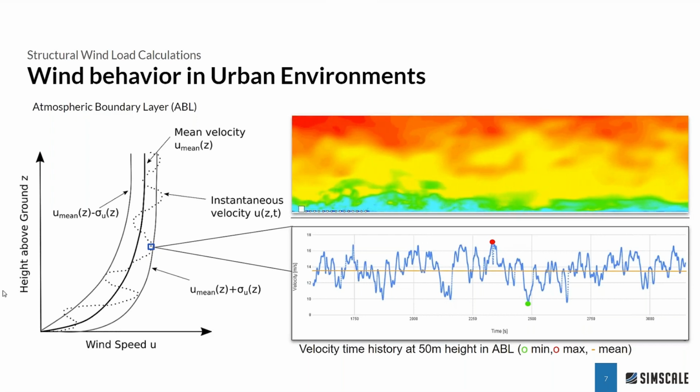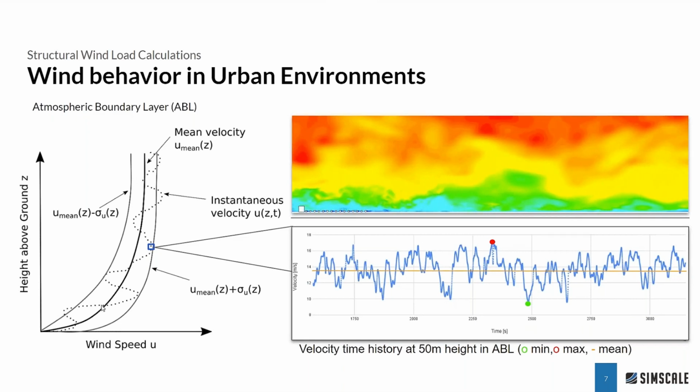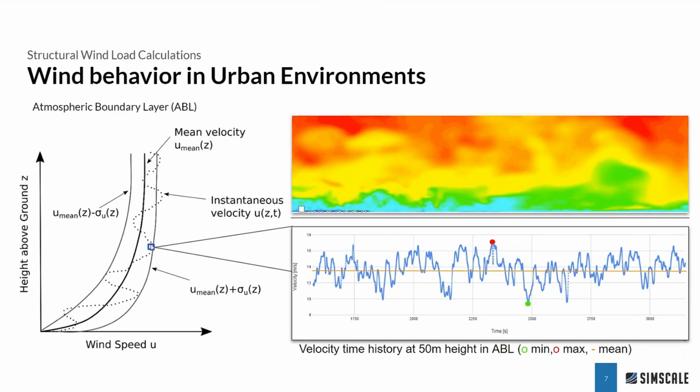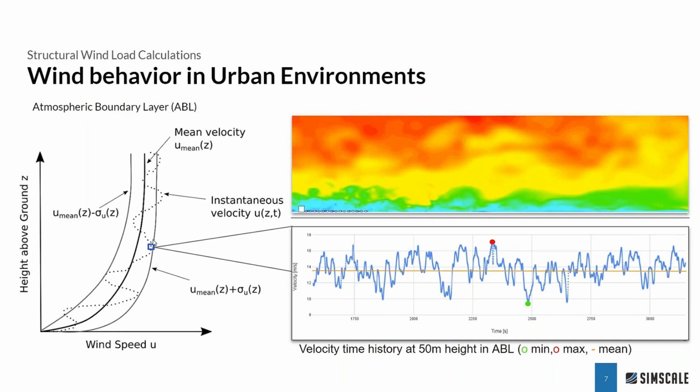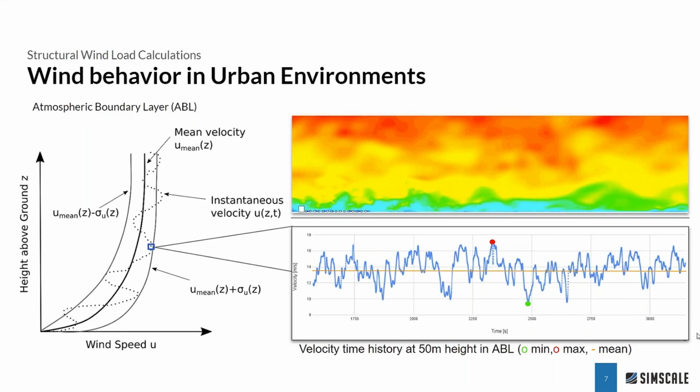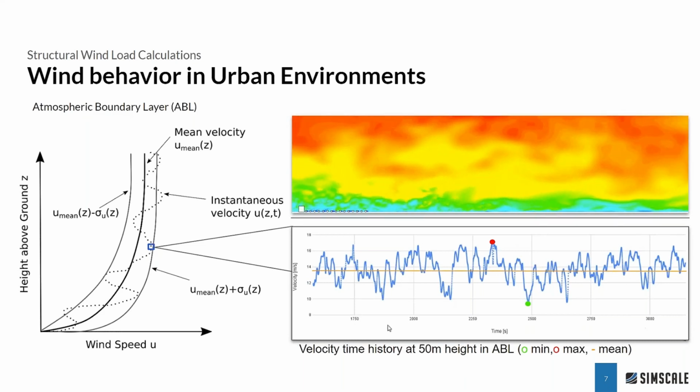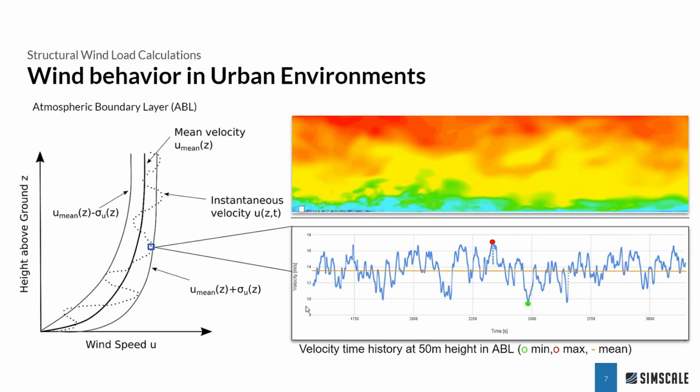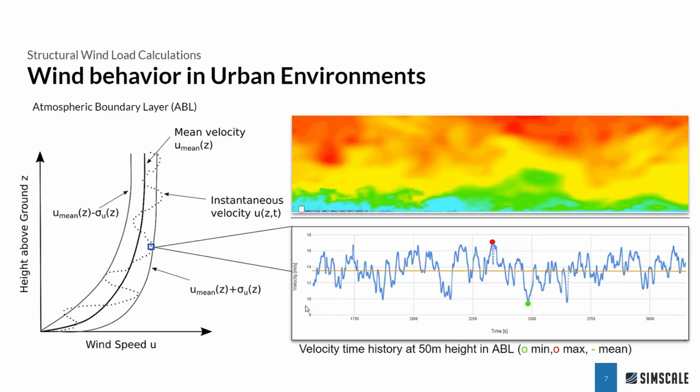So when we look at the mean wind speed with the height and take a particular point, let's say 50 meters from the ground, we can see here on the right bottom side what a typical signal for the wind velocity at this height would look like.